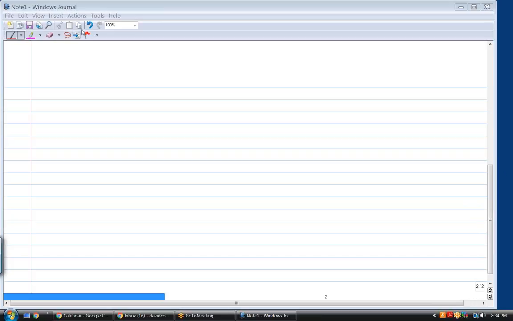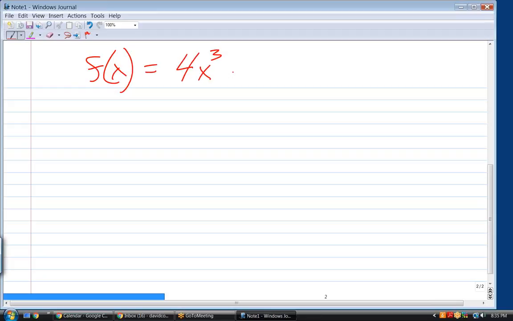One of them is f of x equals 4x to the third minus 3x squared minus 8x plus 4, and then they did a little semicolon and x minus 2.